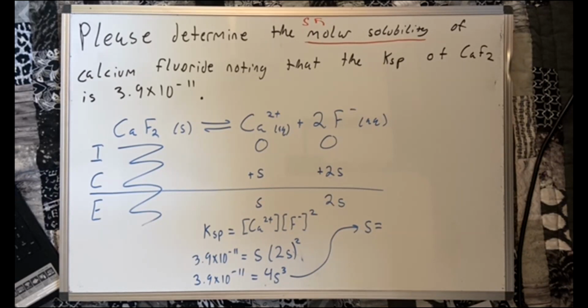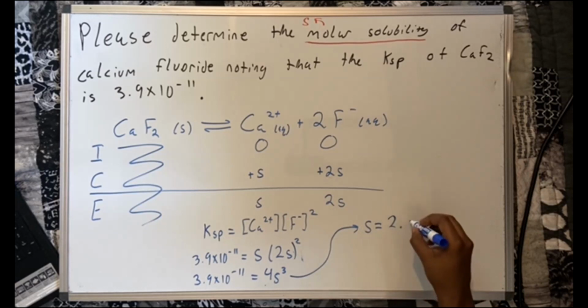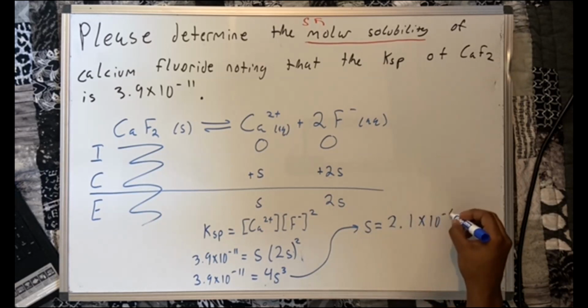The cube root of that is probably 2.1 times 10 to the negative 4.